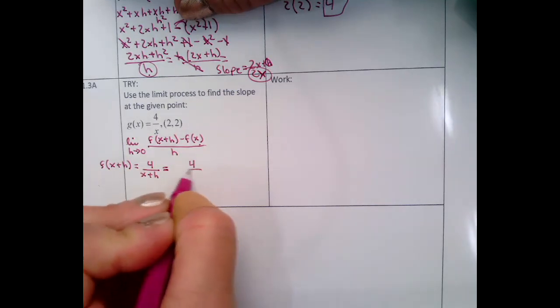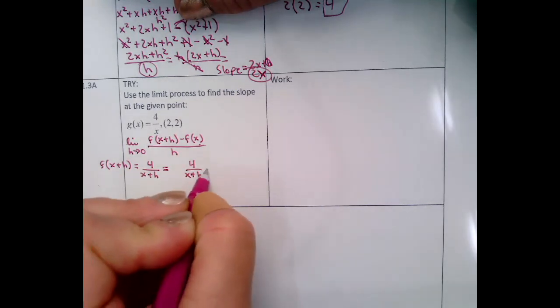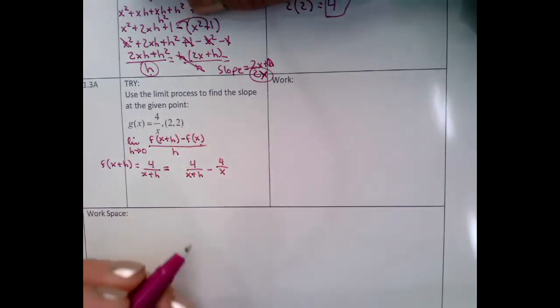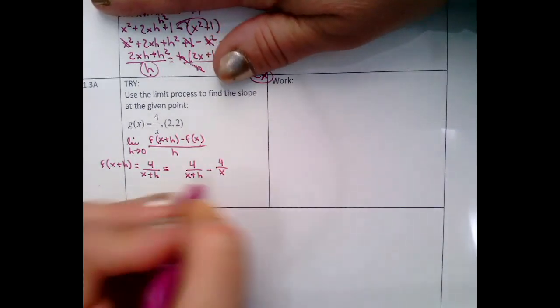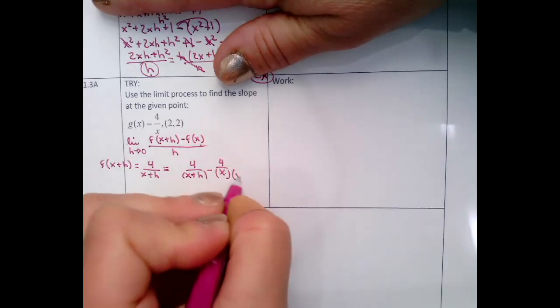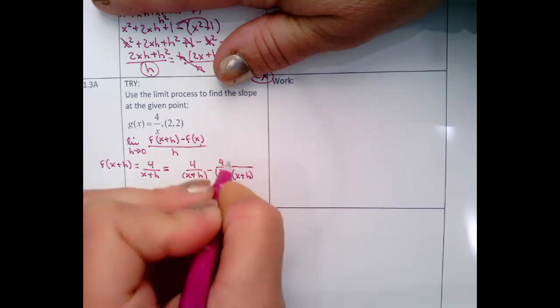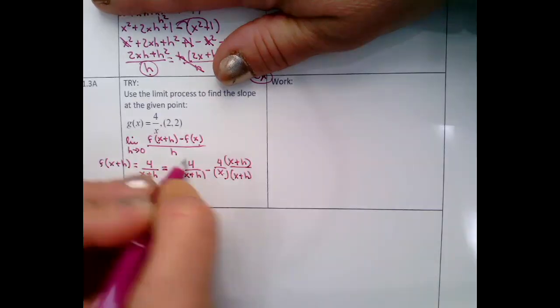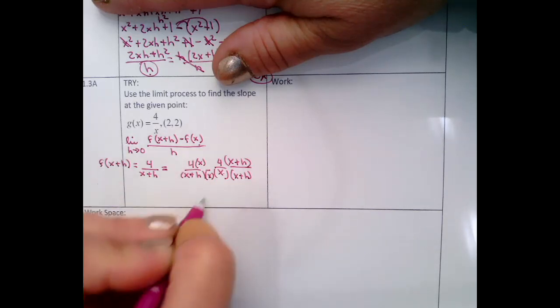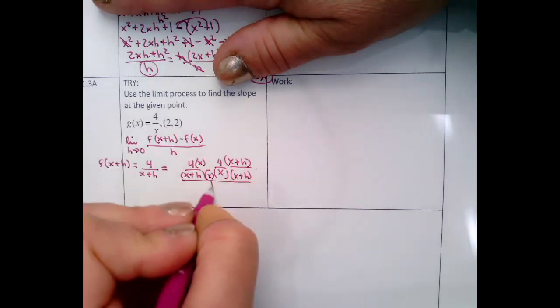Okay, so now we're going to do this minus this. So now we're going to do 4 over x plus h minus 4 over x. Okay, well, now we have to get common denominators. So this is missing an x, and this is missing an x plus h. So I have to multiply this by x, and this down here I have to multiply by x plus h. All right. And that's all going to be over h.